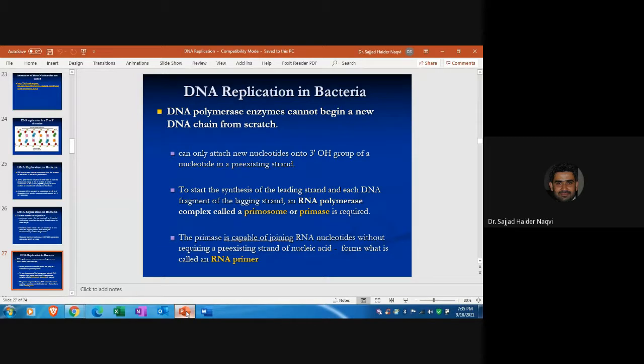Because it's a single strand. That's why we call it RNA. This RNA primer is actually synthesized by the enzyme primase. And this primase can make a small pre-existing strand, and that primer can be used by the DNA polymerase to add on further nucleotides to carry on the DNA replication.